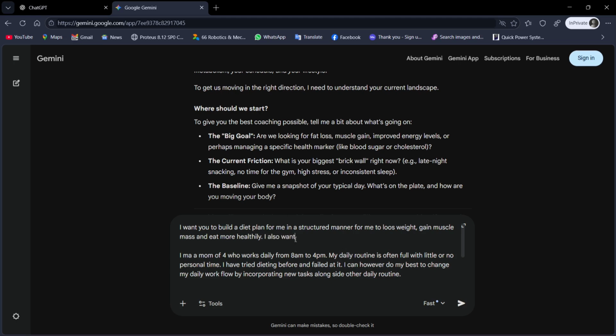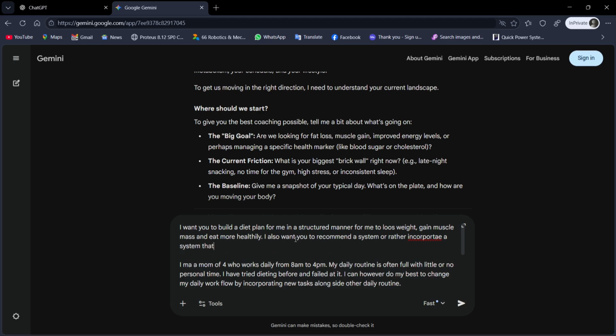I also want you to incorporate a system that automatically supports my goals irrespective of what happens, right? So we are putting this clause from the start of our prompting so it can give us an output that comes together. Let me read the entire prompt again.